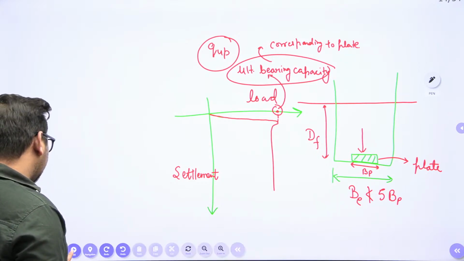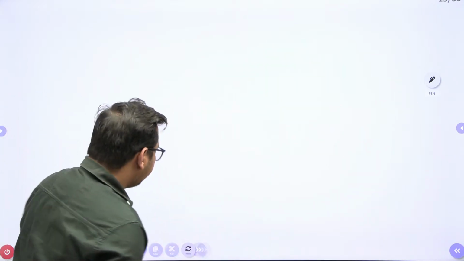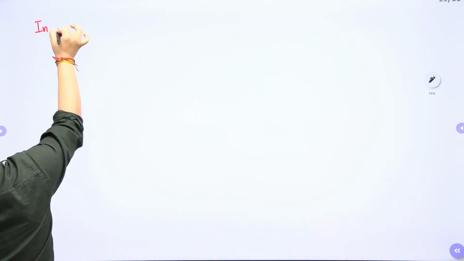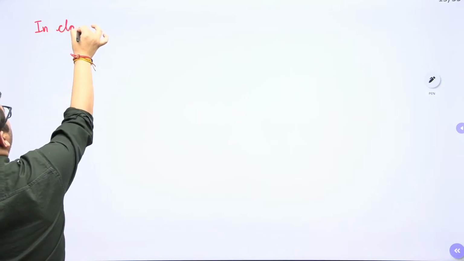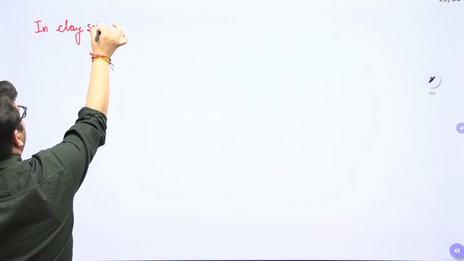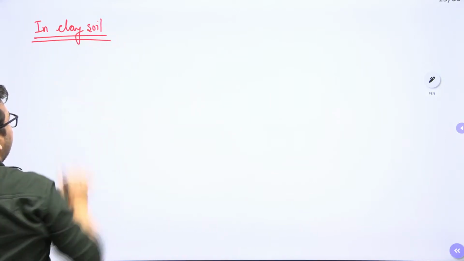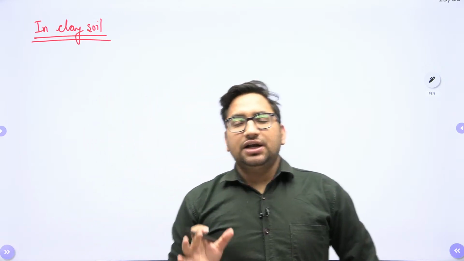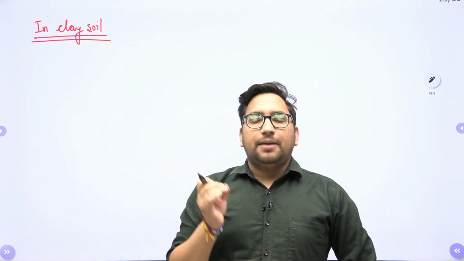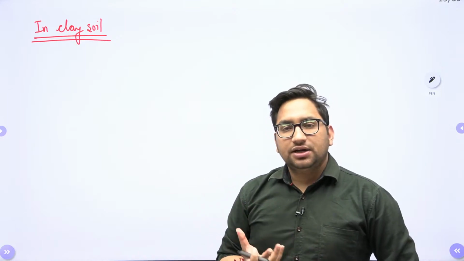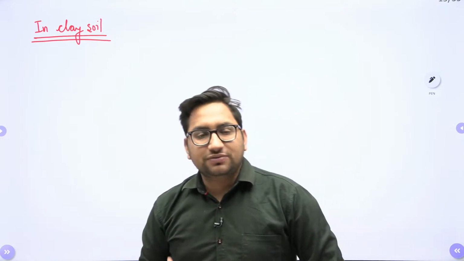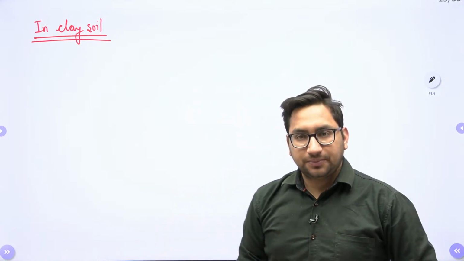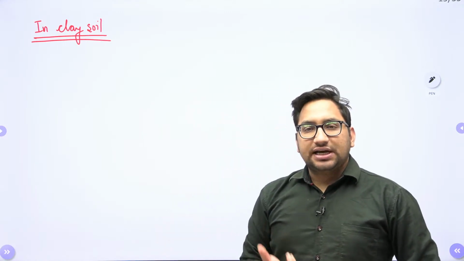So you can remember, if the soil is clay soil, always remember that in cohesive soil, in clay soil, your bearing capacity of soil is independent of the size of the footing.